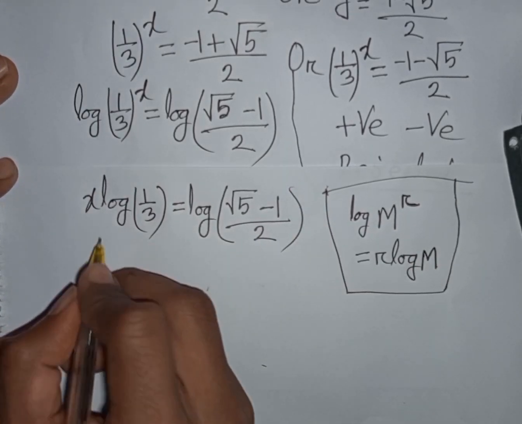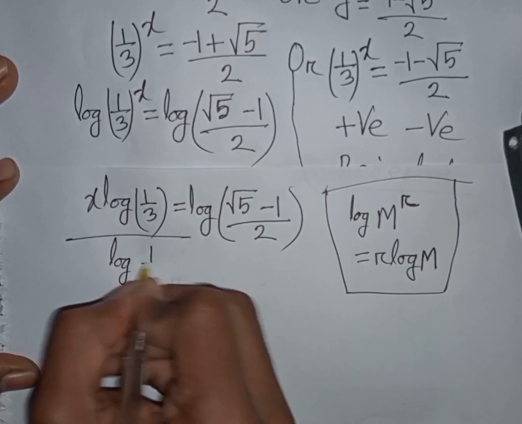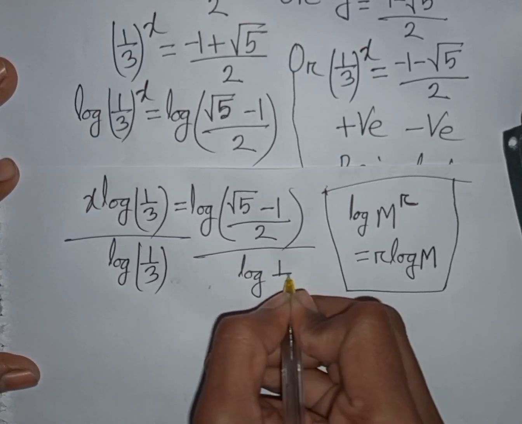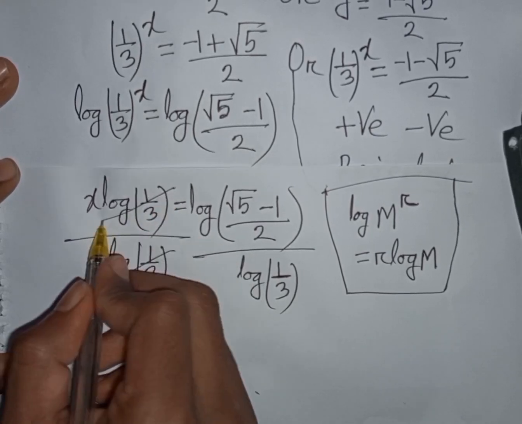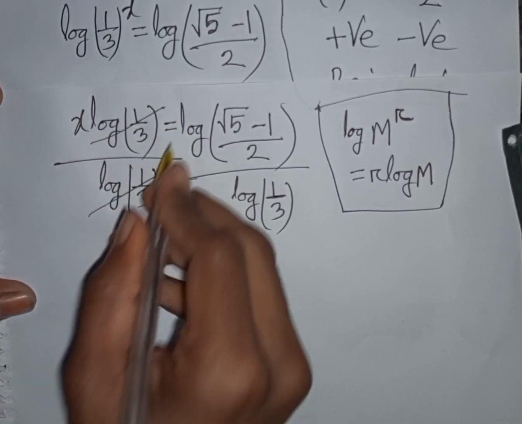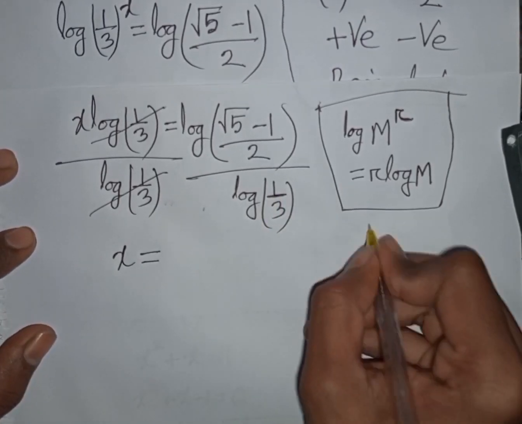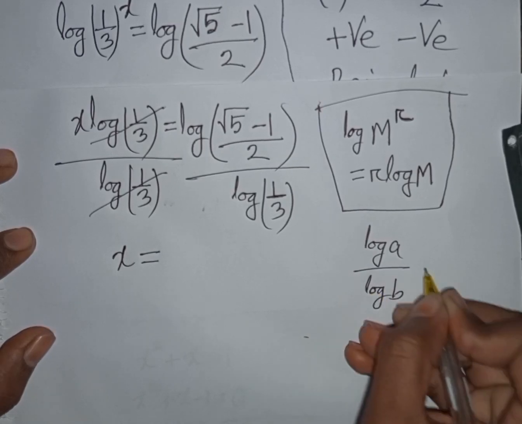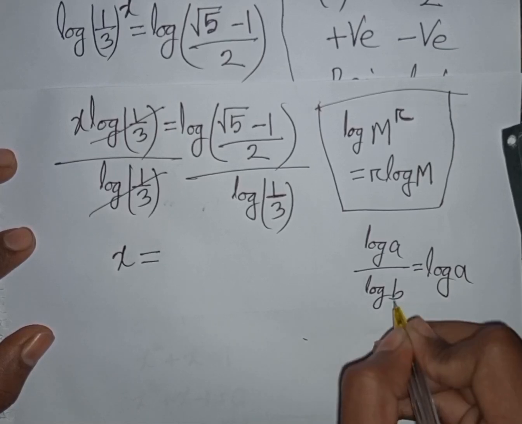Now we need the value of x, so we divide by log of 1 by 3 on both sides. Now this log of 1 by 3 will be cancelled. So here x will be equal to this divided by this. That means here I can apply this formula: log a divided by log b is equal to log a base b.